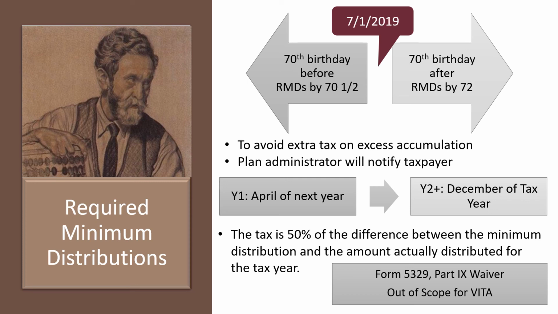So if we see taxpayers who are going to get this penalty, we need to refer them to a paid preparer. They might be able to request a waiver of this penalty, this extra tax, on Form 5329, but that is out of scope for our program.